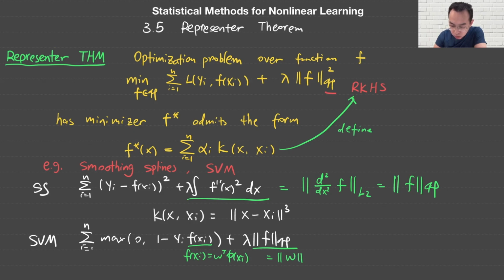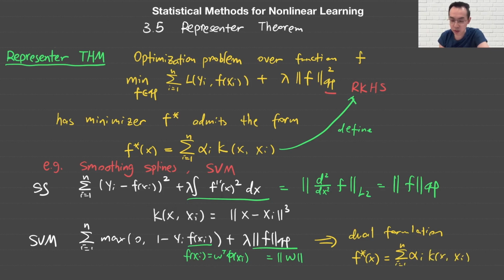And when this is infinite dimension, this W basically behaves like an L2 norm. Then for the SVM problem, we also convert this into a dual formulation. And then that admits the final function f star of x equal to a summation of the kernel function, right?